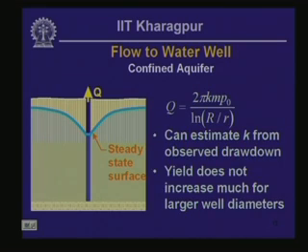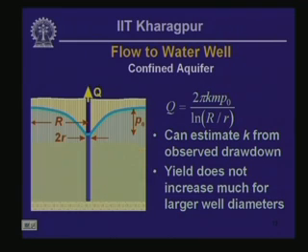Now Q, as I was stating a few minutes back, relates to the geometry of the aquifer and the permeability K, and the expression for Q is as shown near the top right of this particular slide. Now we have to show also what are the different dimensions that we talk about in this particular case.